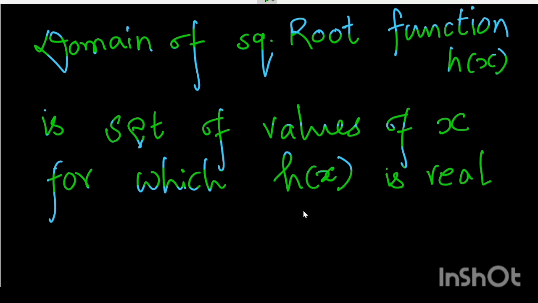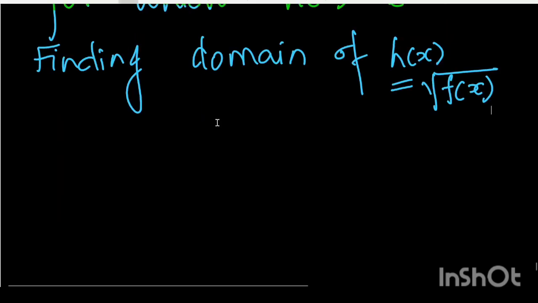So how do we determine the domain of a function? How do we find the domain of hx, which is the square root of some fx, where fx can be any other function, maybe linear, quadratic, sine, cos, any other function.